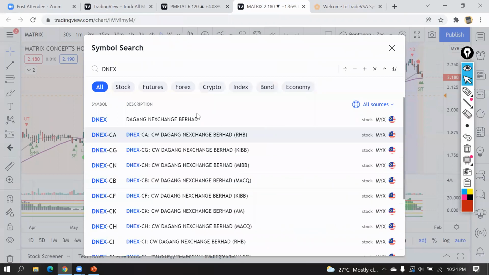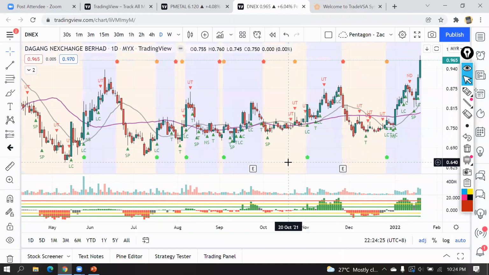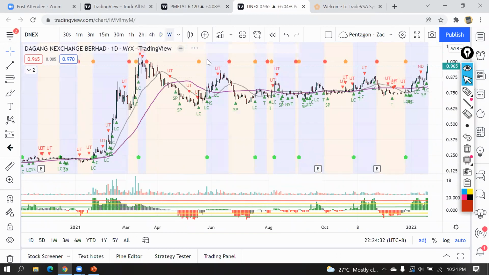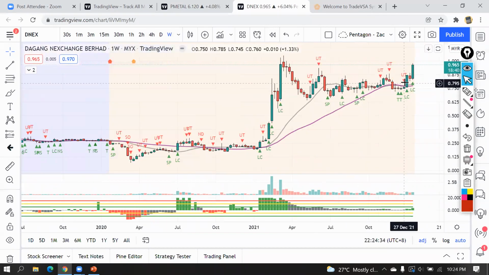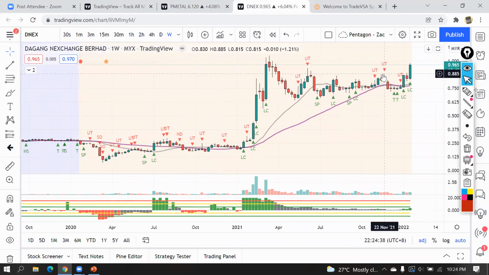DNEX today is pretty strong, and they make a nice bar over here. Pretty strong bar. I think the volume is very healthy overall. So let's look into the weekly chart first. On the weekly chart, I think the other day it actually failed to turn into a green pentagon, but overall I think it's still okay because it's a nice reaccumulation. I think today is Thursday, right?